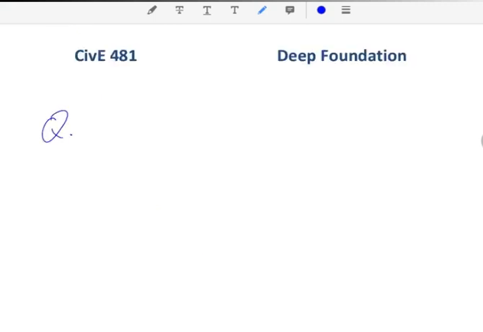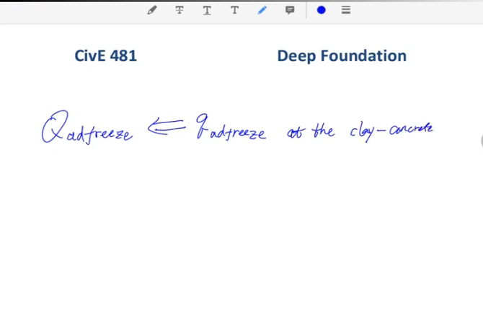And the Q at a freeze is calculated using the unit of the freeze force at the clay concrete pile interface.